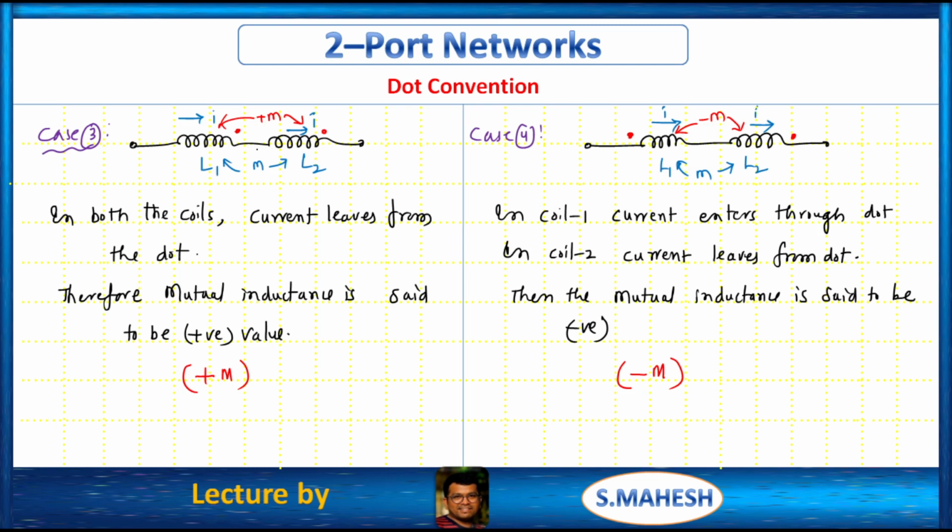In case 3, in coil 1 it is provided at the end of the coil, and in coil 2 it is also at the end of the coil. Clear? Coming to case 4, coil 1 is from the initial point, coil 2 from the ending point. That's it. So based upon the current direction, when it is entering through the dot, and the same applies to the other coil also, then it is said to be positive M, otherwise negative M. Okay, this is about the concept of dot convention.